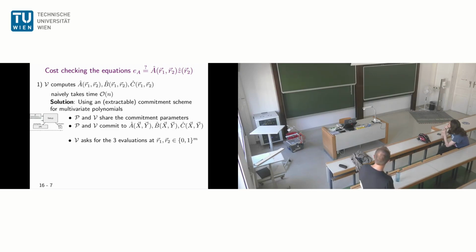And now that we have this setup, those guys committed to the matrices, what can we do? The verifier wants the evaluation at some random point. They both have the commitment. They both committed to the polynomial. And now we can use the evaluation proof technique.